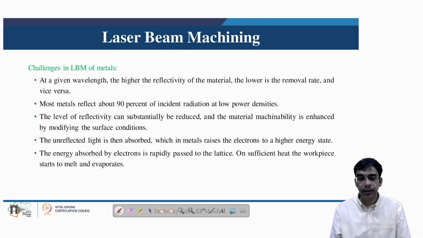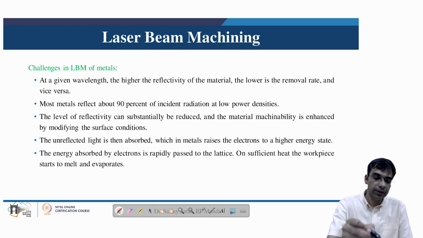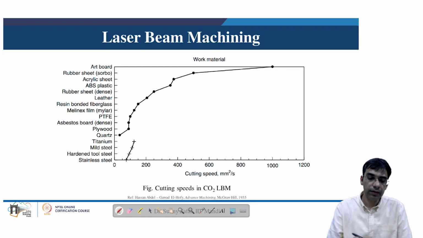So the reflectivity level can be substantially reduced by changing the surface characteristics, such as by introducing various textures, and unreflected light may then be absorbed, which raises the electrons present in the metal to a high energy state. Energy absorbed by the electrons is rapidly passed to the lattice, and sufficient heat is generated, which starts to melt and evaporate the piece.